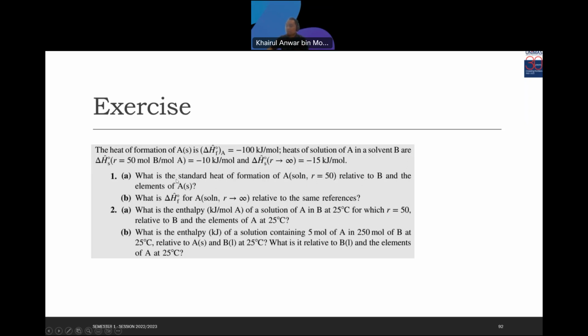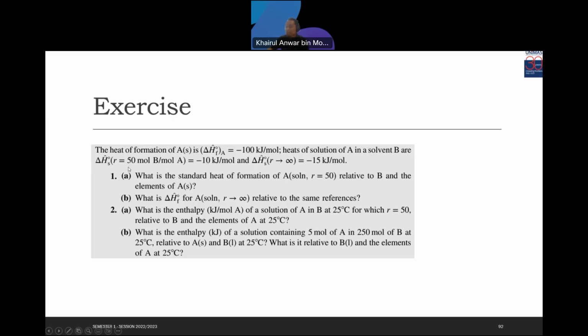To answer the first question, refer back to the equation: delta HF solution is equal to delta HF formation plus delta HS heat of solution. So in this case, negative 100 kilojoule per mole minus negative 10 kilojoule per mole.